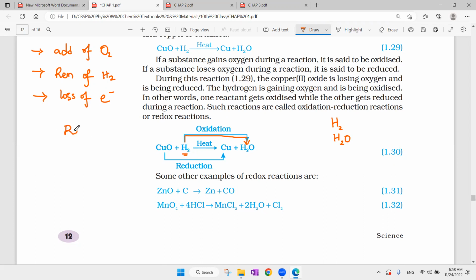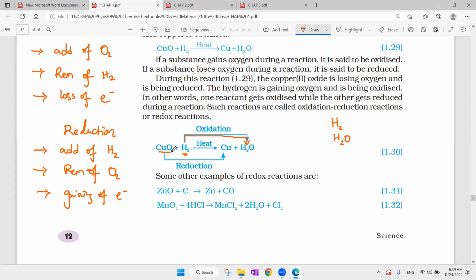Now, what is meant by reduction? For reduction also we have three definitions. Number one, addition of hydrogen. Removal of oxygen. And gaining of electrons. Here, in H2 oxygen is added, so it is undergoing oxidation.